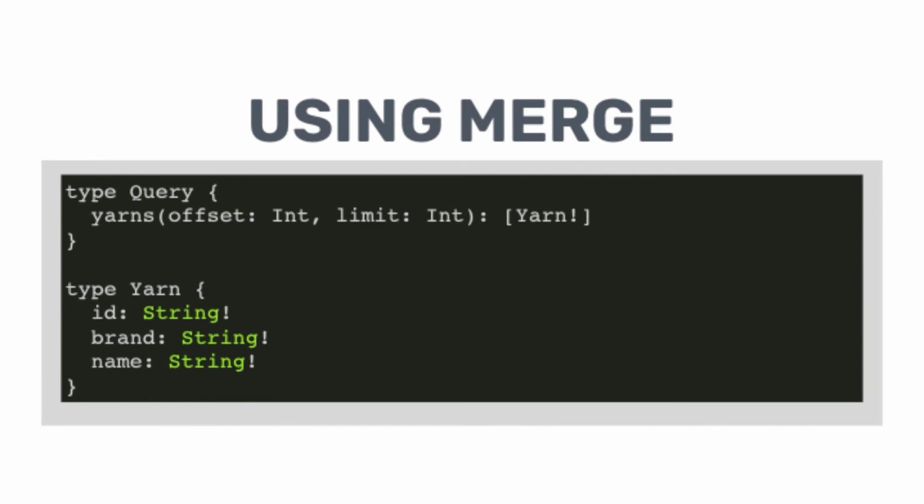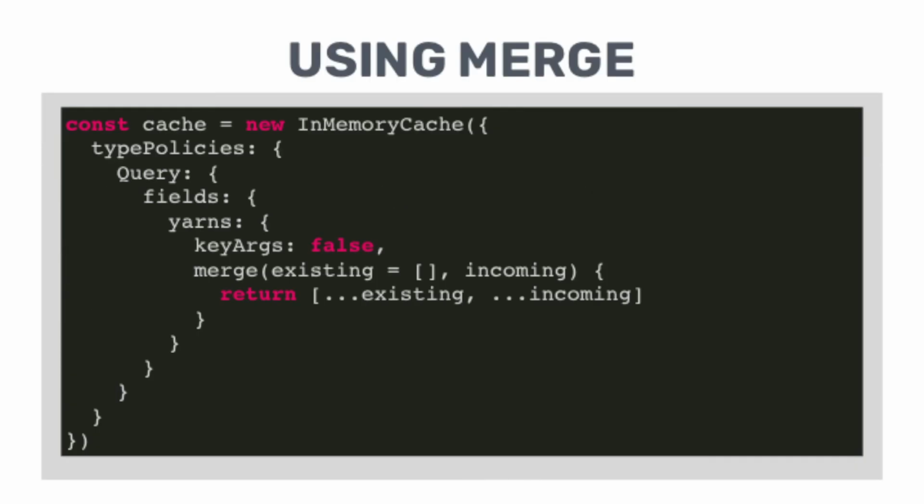If we first take a look at the possible server-side schema, so this is on the server side in our Yarn API. Basically we have this yarns query there, which takes offset and limit as parameters, and then returns an array of yarns. We can define a merge function, and then we will need keyArgs too. I will explain about them later.